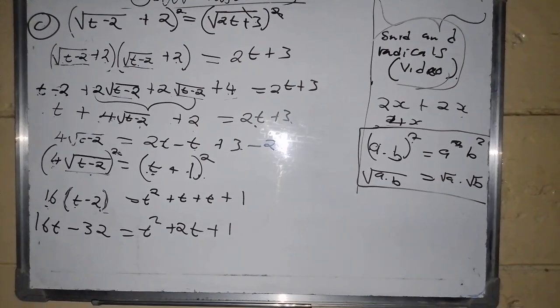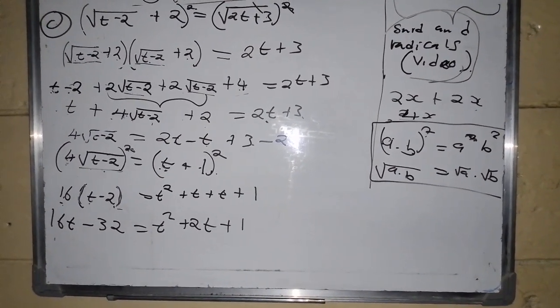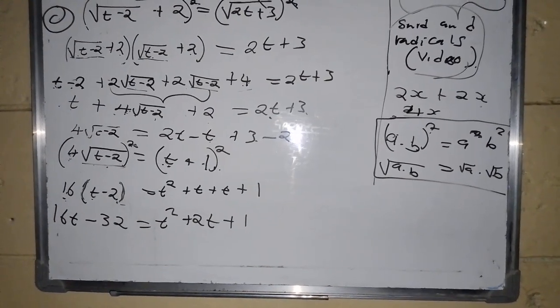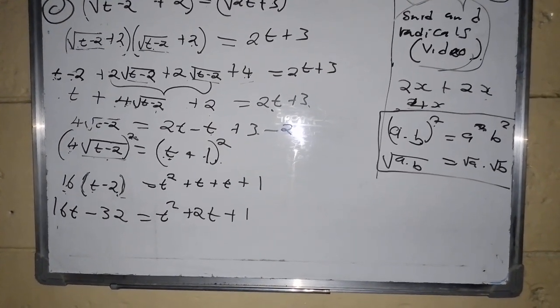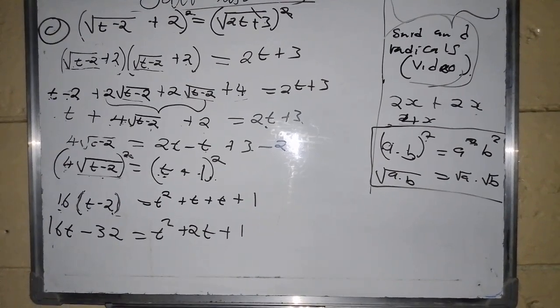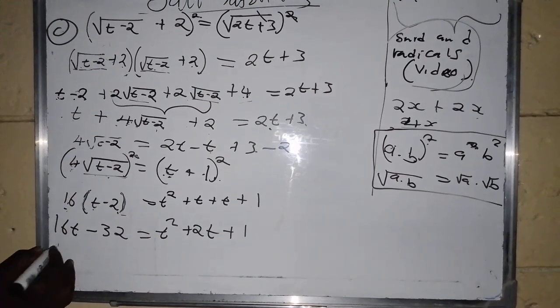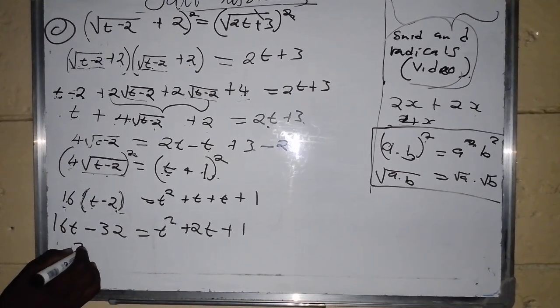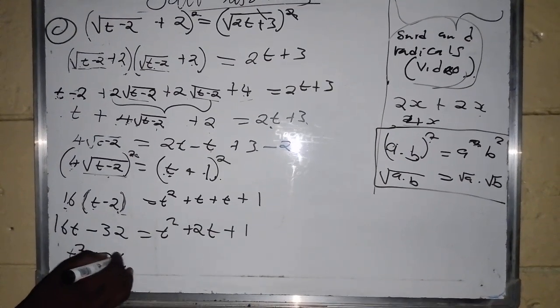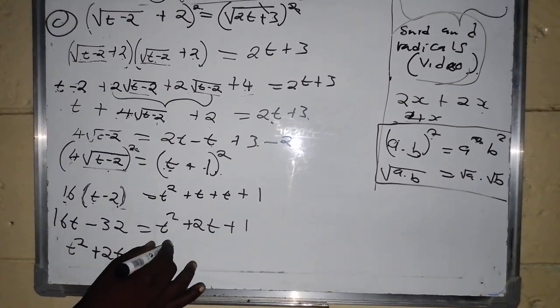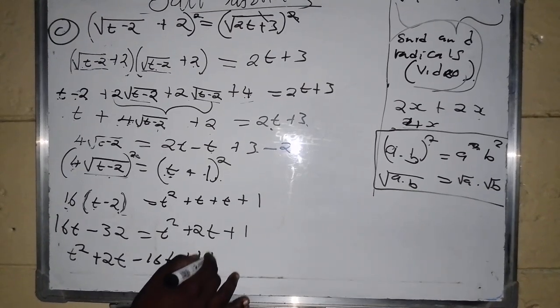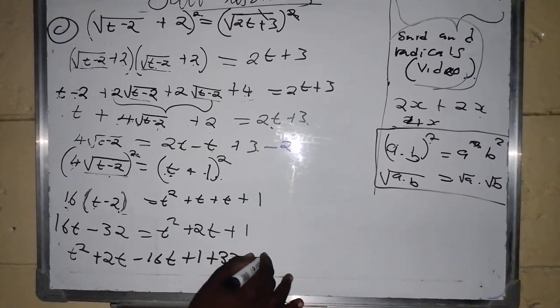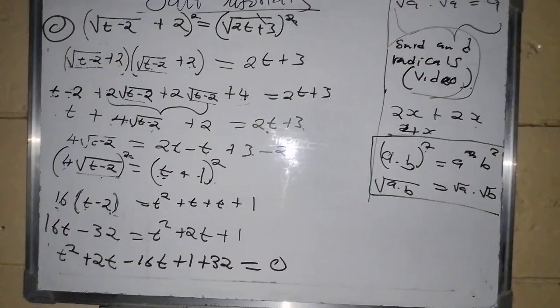We're trying to form something like a quadratic equation. Remember, a quadratic always gives us 2 values of t. So everything can go on the other side, where you can have t squared plus 2t minus 16t plus 1 plus 32 should be equal to 0. Now let me erase my other part.